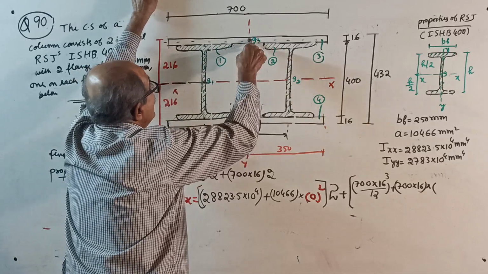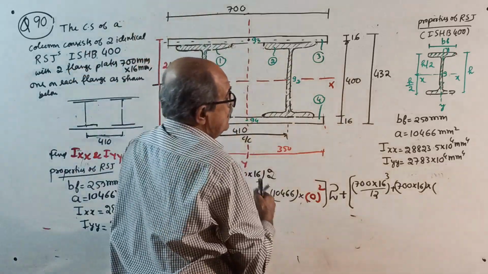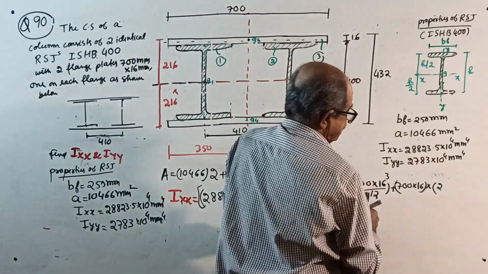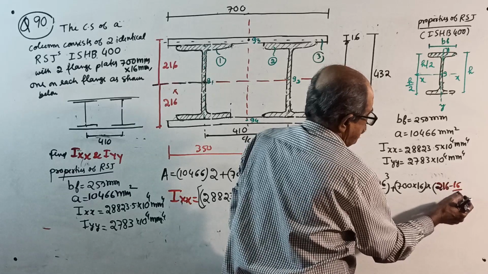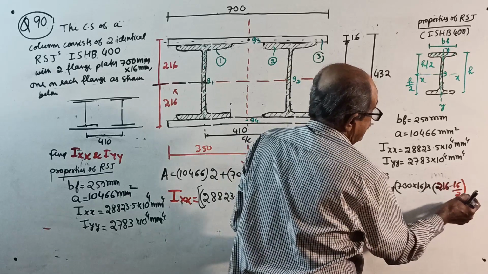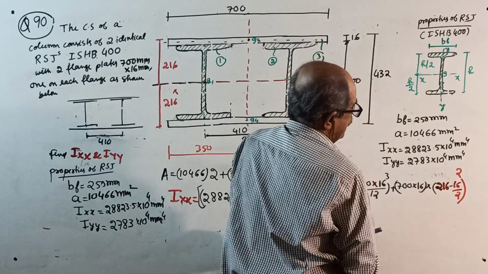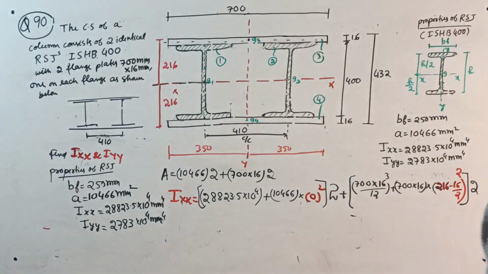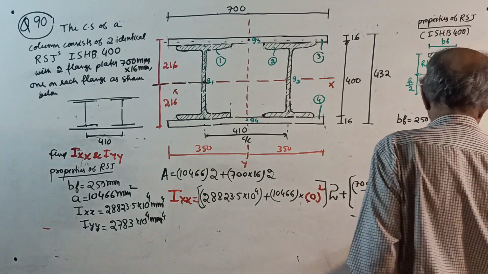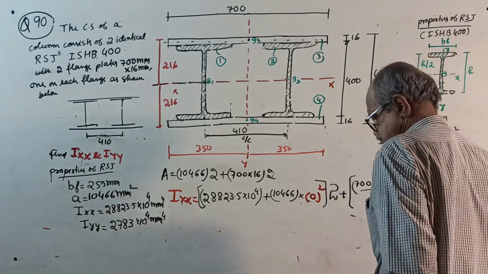This distance squared is 216 minus half of 16, whole square. Whatever you get, multiply by 2. One minute. Correctly read the edge of the board. Multiply by 2, calculate and write whatever answer you got.